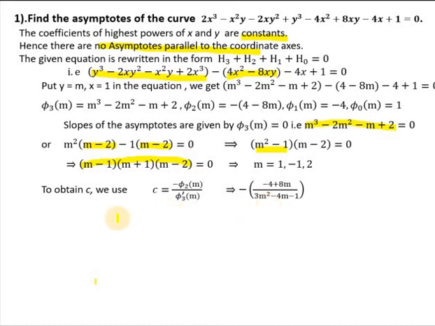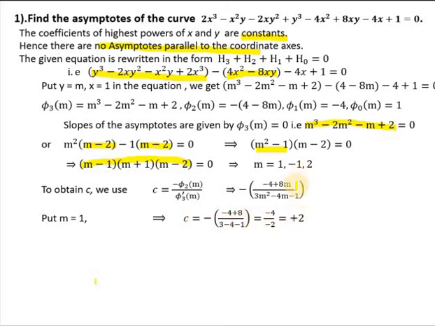So first let us substitute m is equal to 1. We get c is equal to minus of minus 4 plus 8 into 1, it is 8, by 3 minus 4 minus 1, which is nothing but minus 4 by minus 2, hence it is plus 2. C value is equal to 2.